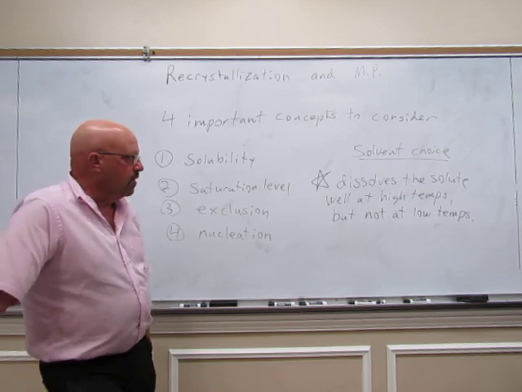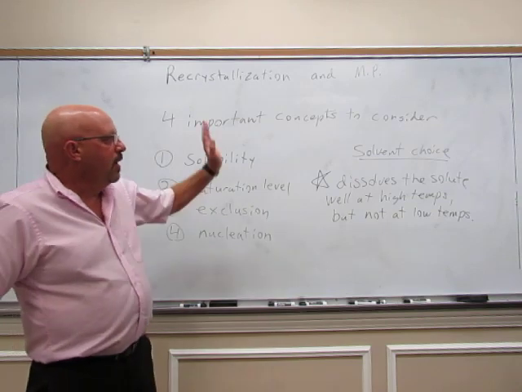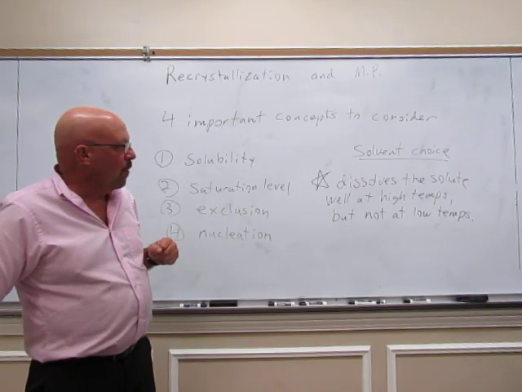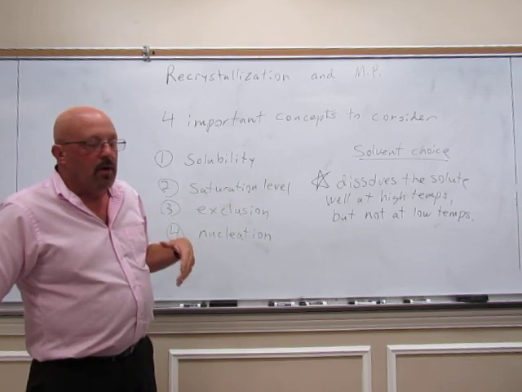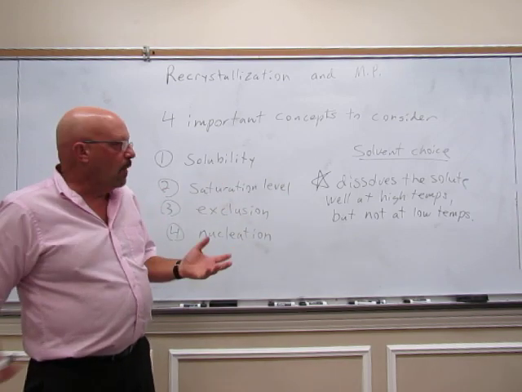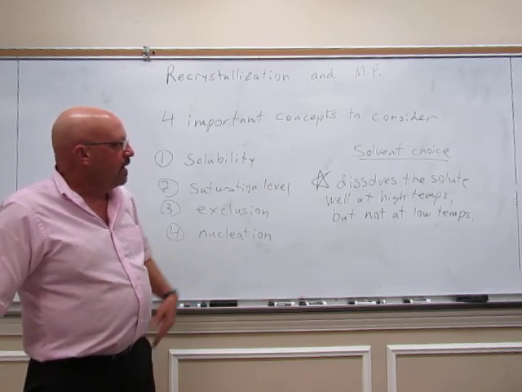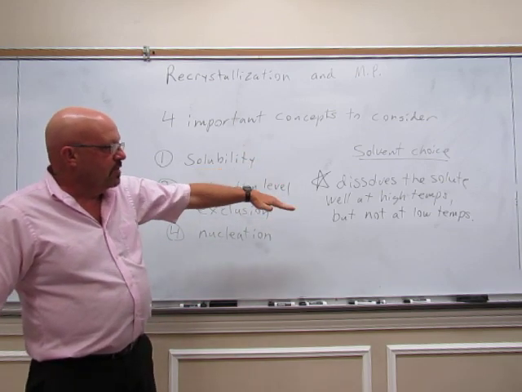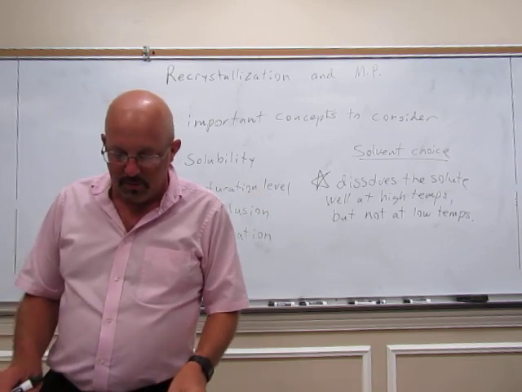It's too soluble. It will not come back out at the lower temperatures. It's soluble at all temperatures in ethanol. Well, in water, it's not very soluble at all. So we use a solvent mixture, and we can get just the right solvent then to dissolve it well at high temperatures and not at low temperatures. So if you can't find a single solvent, we use a solvent mixture.